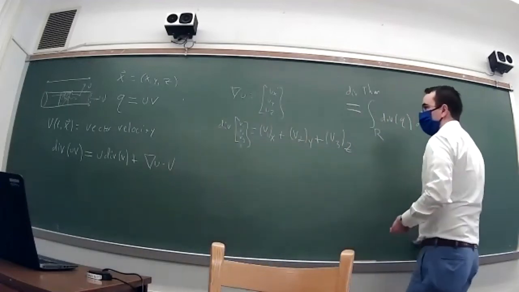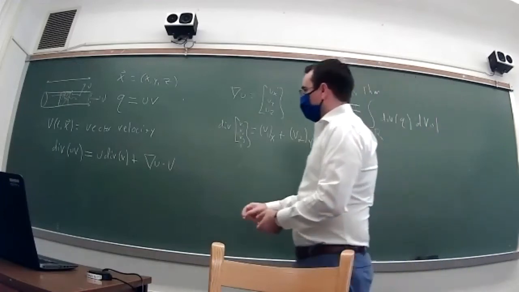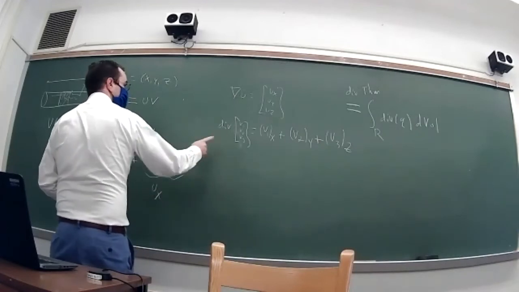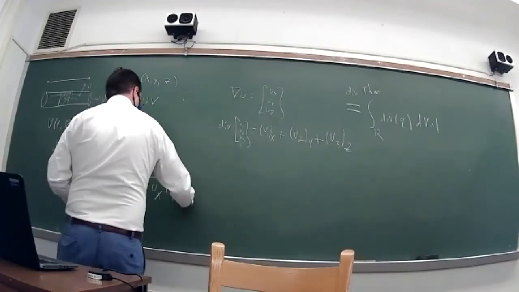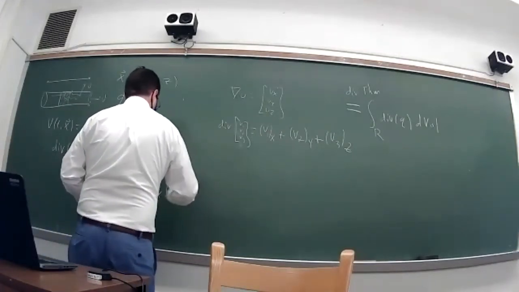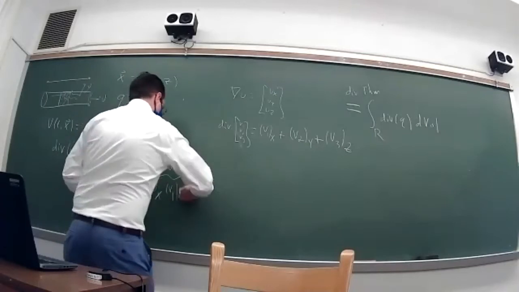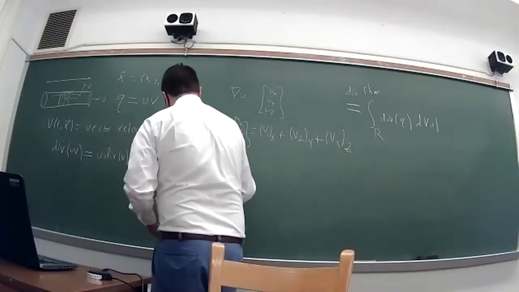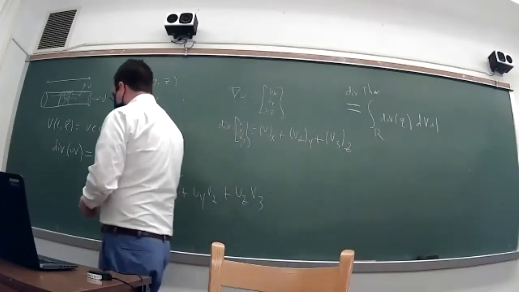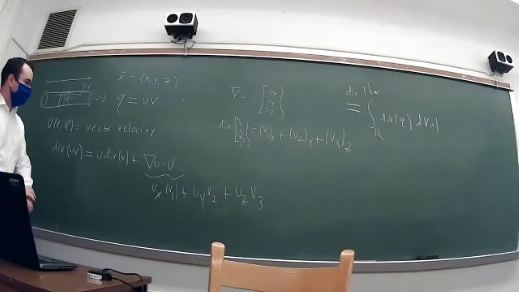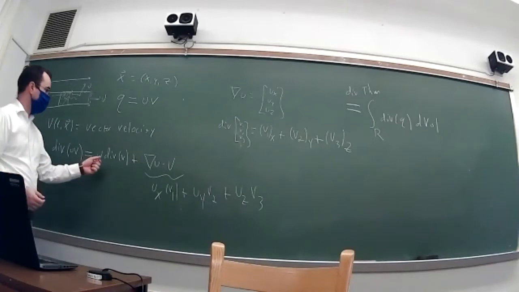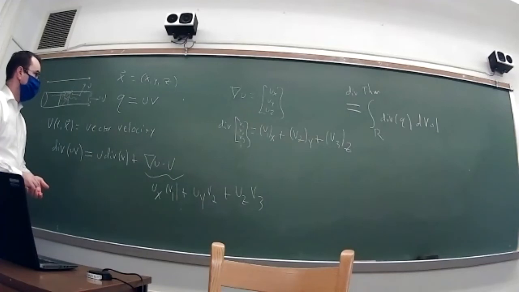Yeah, so this is u_x times v1, because it's the dot product of the gradient of u with v. You could write it as the gradient of u dotted with v.